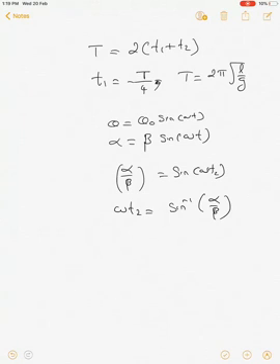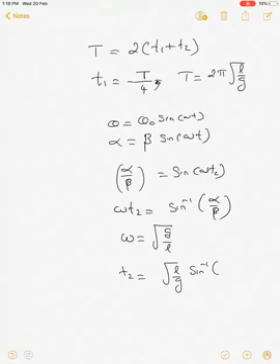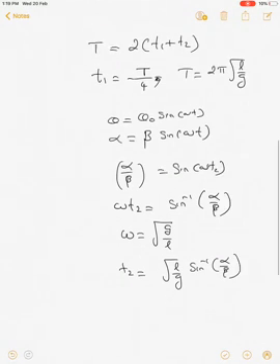And for a pendulum, we know that omega is equal to root of g divided by L. So the value of t2 can be written as under root of L divided by g into sine inverse of alpha divided by beta.